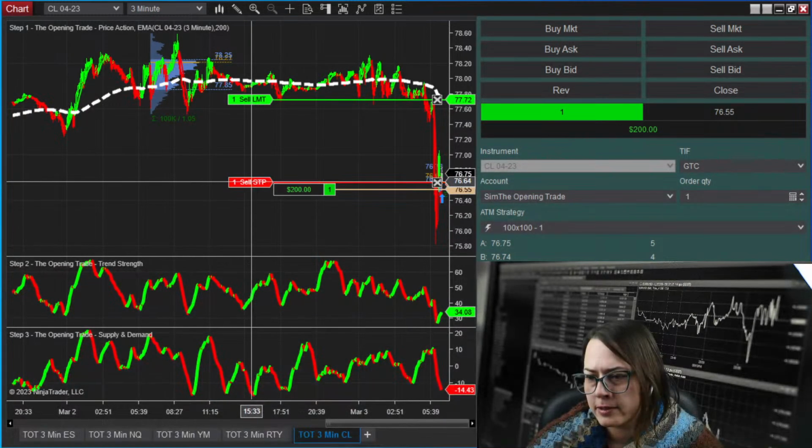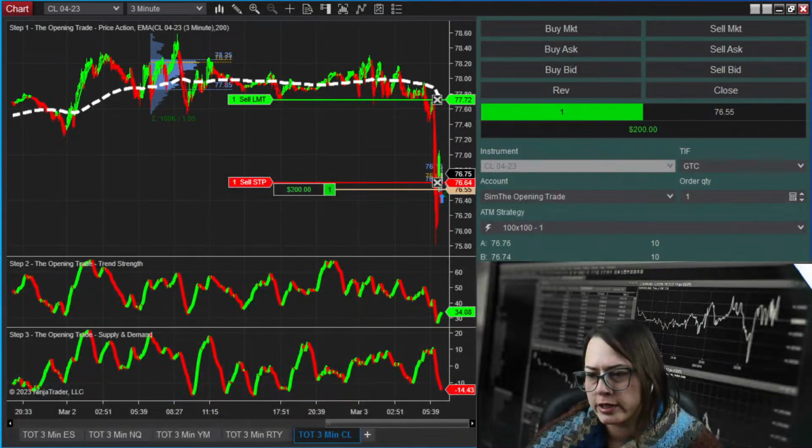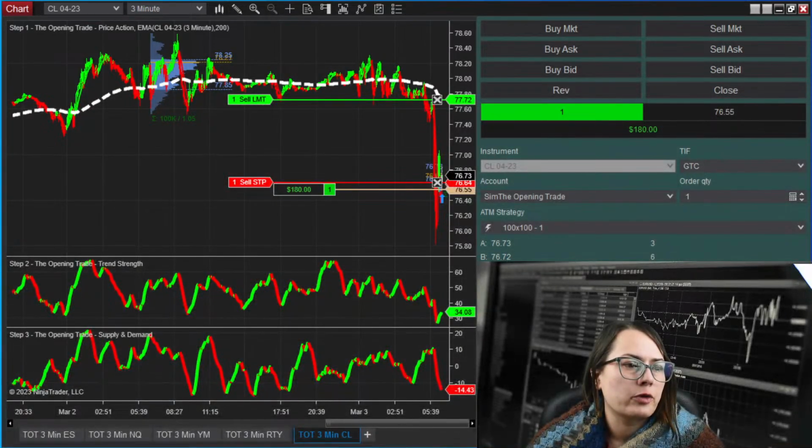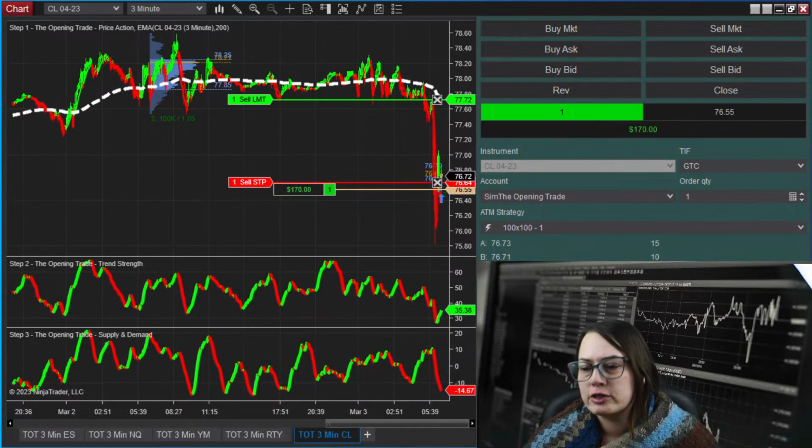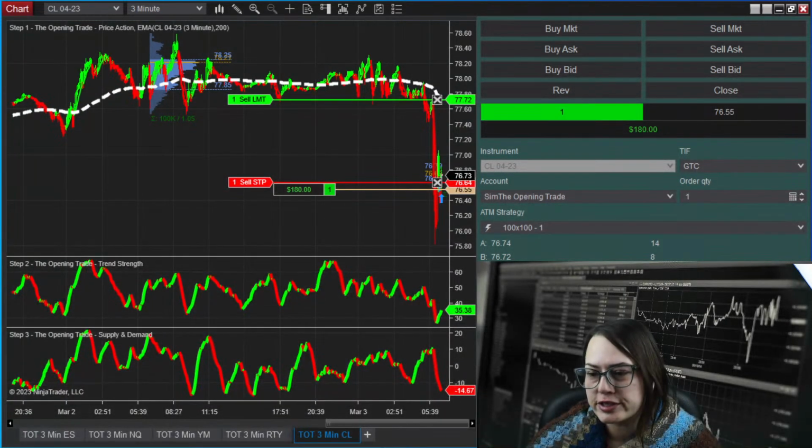If I could get my mouse. Oh well, I'm 1 point off. It doesn't have to be perfect, but it got where I wanted to be. Again, pick the trailing amount that feels comfortable to you. This is what I'm comfortable doing.